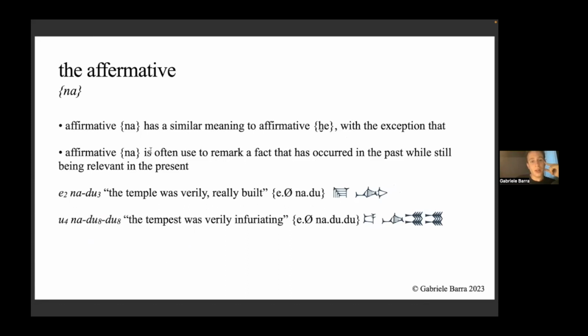It is often used to remark a fact that has occurred in the past, while still being relevant in the present. You hear a lot of it in tales, and yeah. So it's similar to he in a sense.